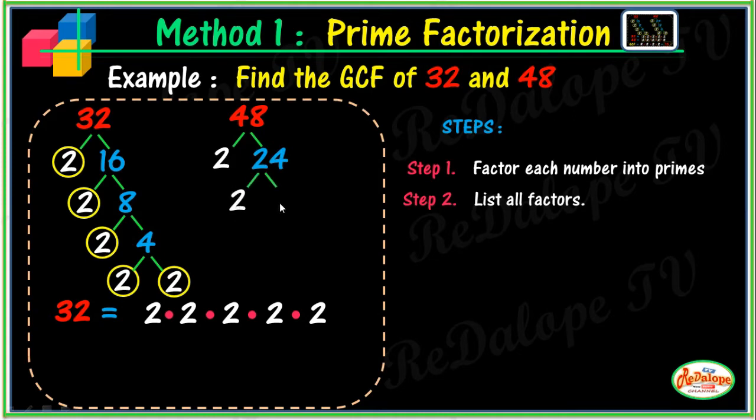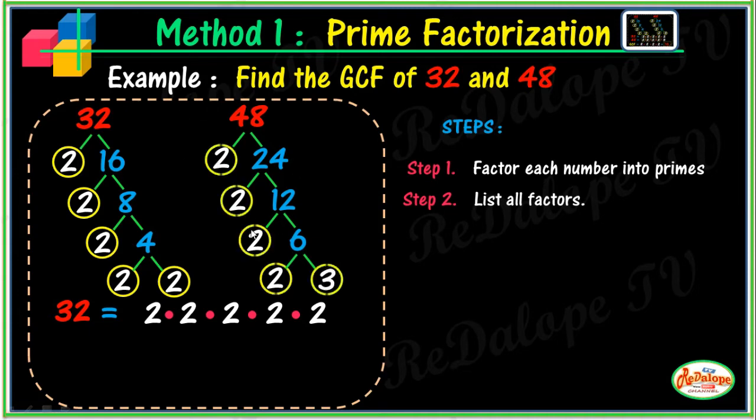The answer is 12. 12 divided by 2 is 6. 6 is also even, so continue dividing it by the prime number 2, and the answer is simply 3. Next, encircle all the prime numbers, and then list all the factors of 48. 48 is equal to four 2s and the prime number 3.